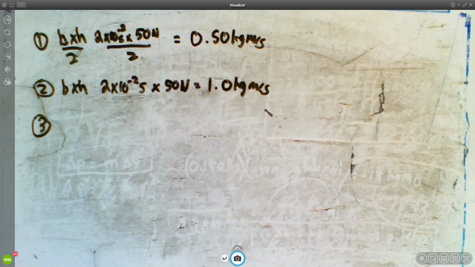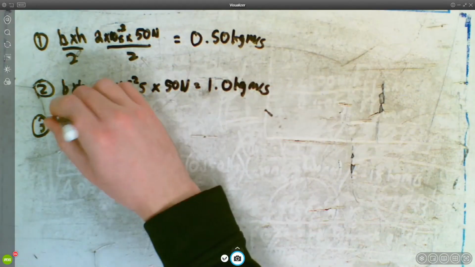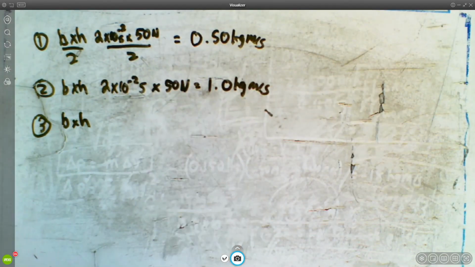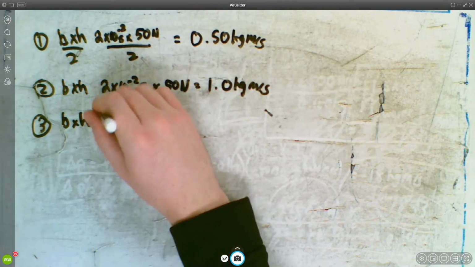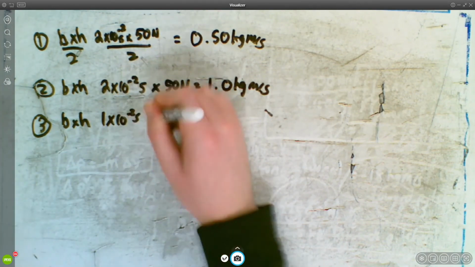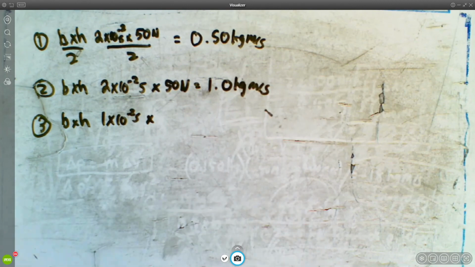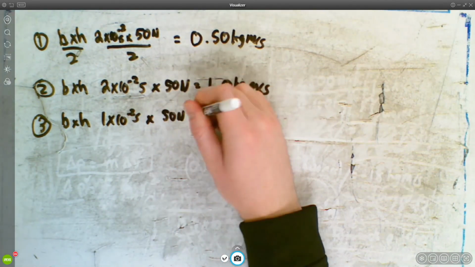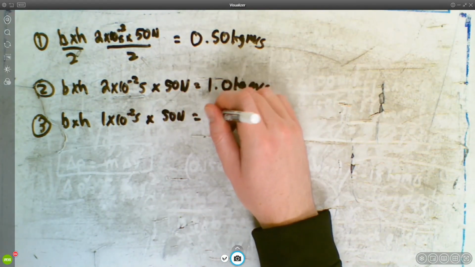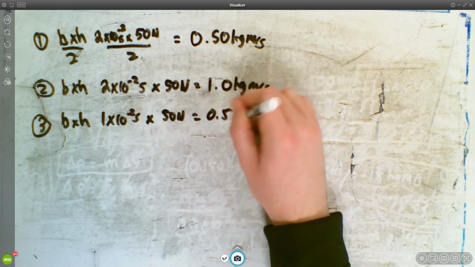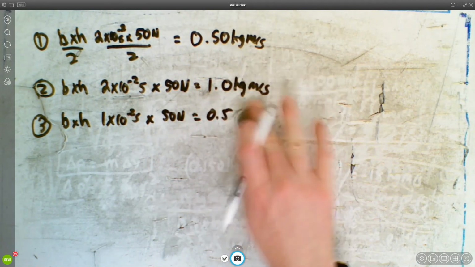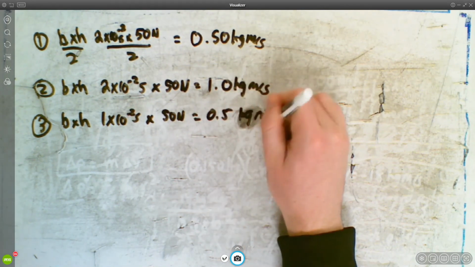So 3 is going to be base times height. So its base is 1. And its height goes up to 50. So that's going to be 0.5 kilograms meters per second.